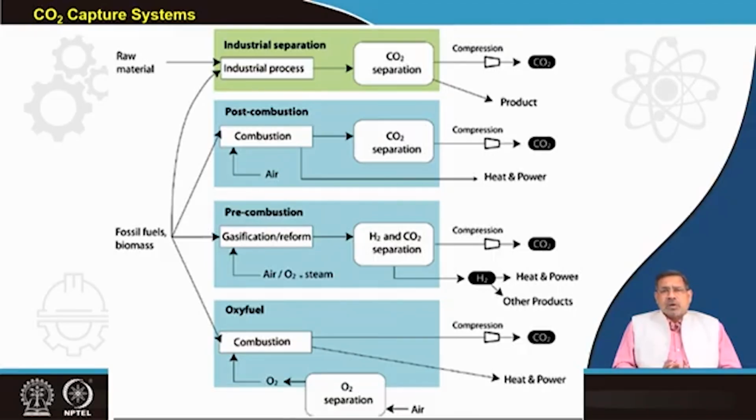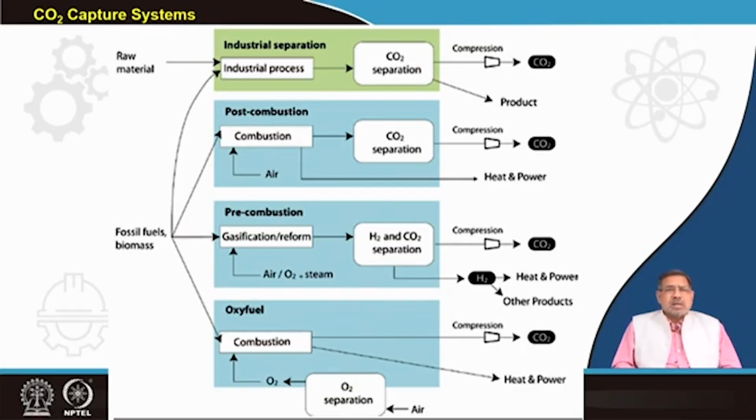So to produce that also we need energy and other things. So it releases the hydrogen and carbon dioxide which is separated. So carbon dioxide we compress and take away, and hydrogen is produced which also can be utilized in some other ways.